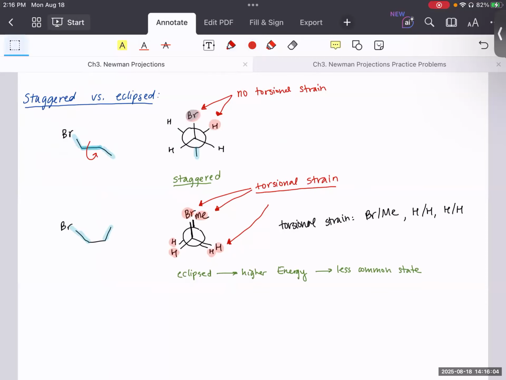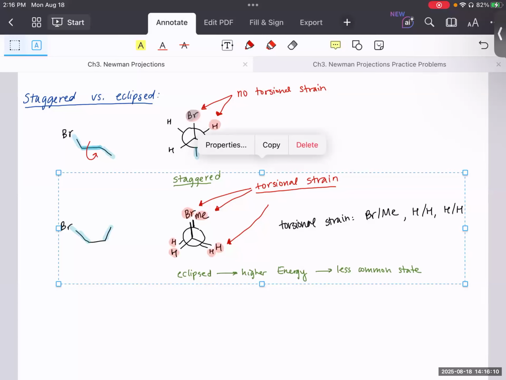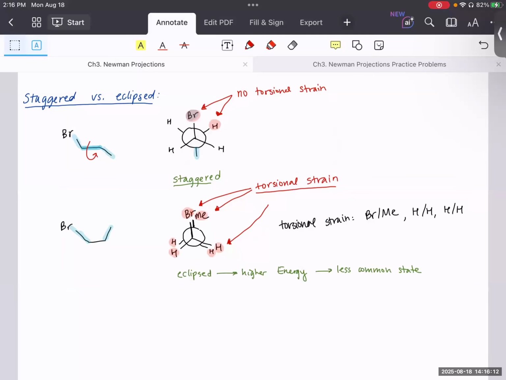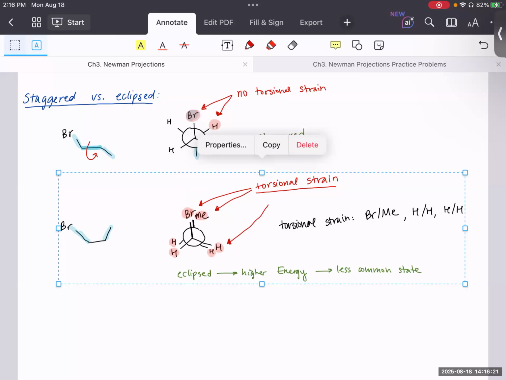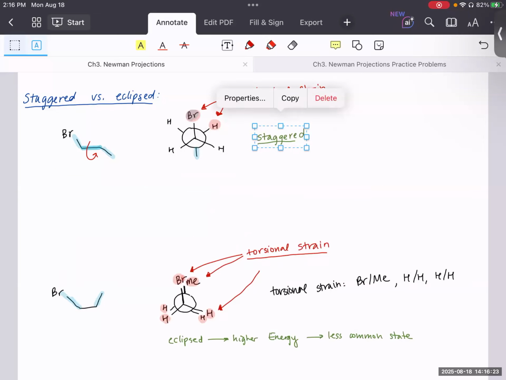So far we've compared these two structures for just torsional strain. I'm going to move this down because now we're going to talk about steric strain. In the staggered and eclipsed states, we have torsional strain in the eclipsed state, and we can also have steric strain.